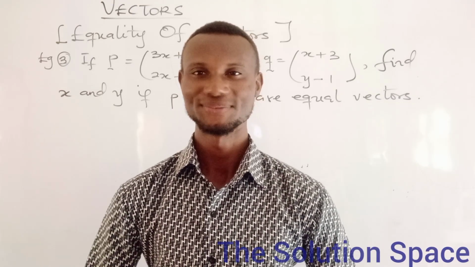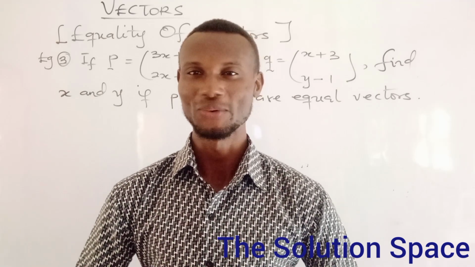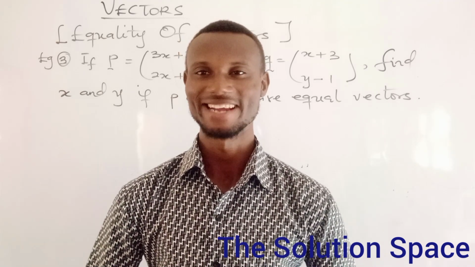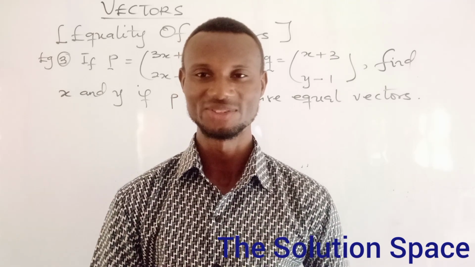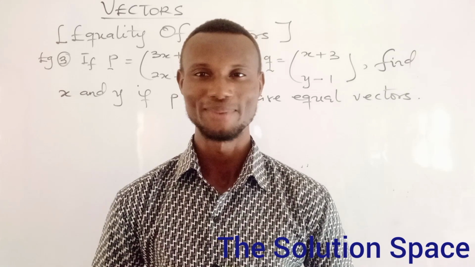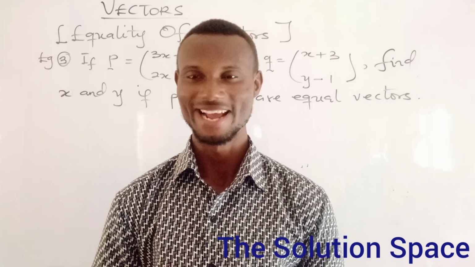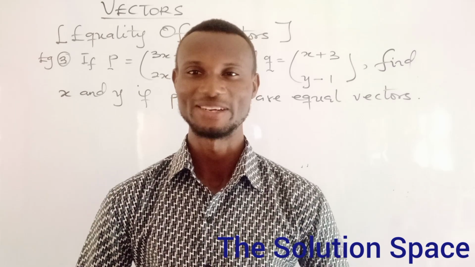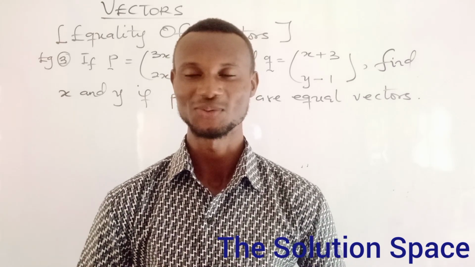Welcome again to the continuation on the equality of vectors that I started with you in the previous videos. In the previous videos, we started learning about equality of vectors and we've done a detailed explanation on it, and also we've solved some examples on it as well.